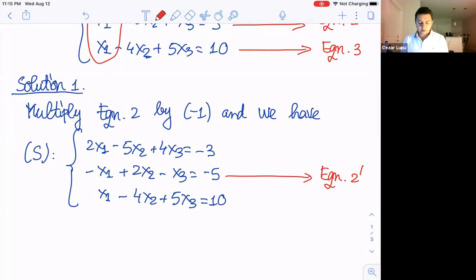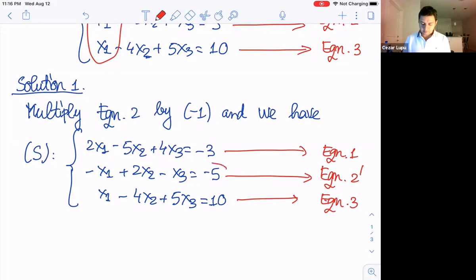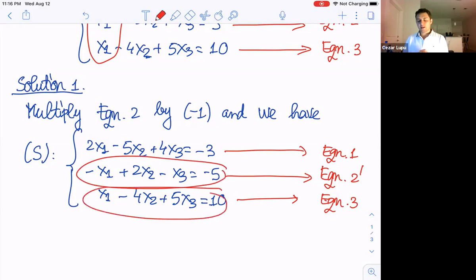If we look at these two equations, this again will be equation 3, and this again will be equation 1. If you look at equation 2 prime and equation 3, if I add them up, one of the variables, well, it's quite clear which one, x1 will just vanish.